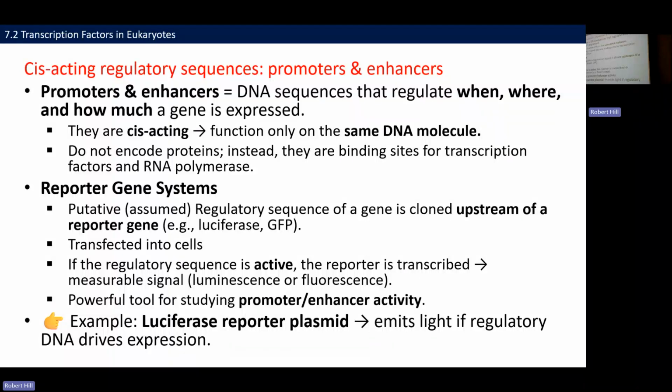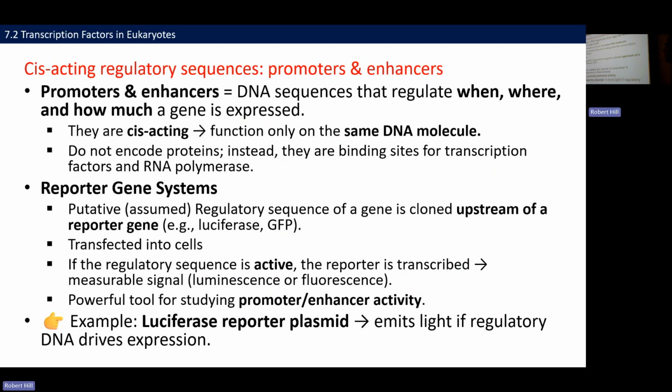All right, so in the last chapter, we talked about the promoter region, but there are a number of other, what we're going to term cis-acting regulatory sequences that are found around the promoter that assist in the transcription of eukaryotic genes.